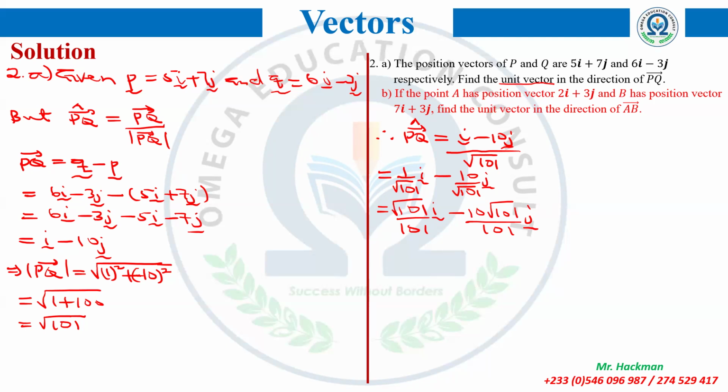The prettiest of all the unit vectors will be the general unit vectors, which in column form are 0, 1 and 1, 0. In terms of Cartesian, this is J tilde and this is I tilde.